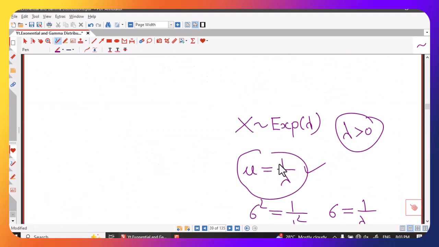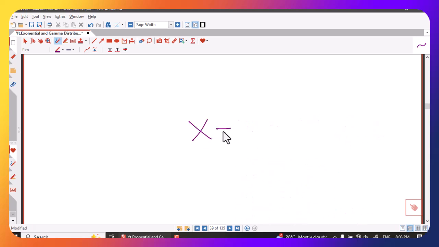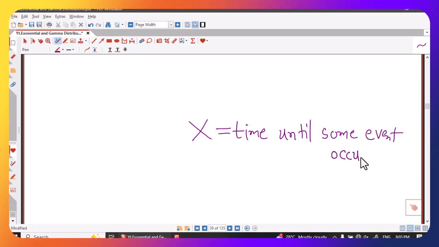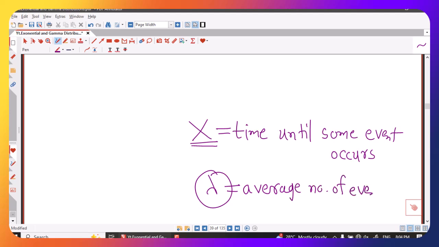So remember that whenever we are dealing with the time until some event occurs, or time between successive events, then we have this capital X following exponential distribution with parameter lambda, and always remember that lambda is the average number of events per unit of time.